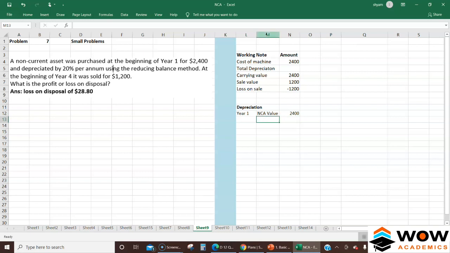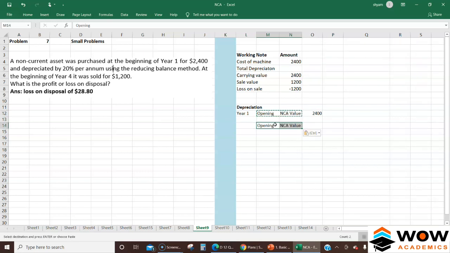Or we'll have another column. Year one opening value. Okay, NCA value is 2400. We have to find out this value, so we have to provide depreciation.